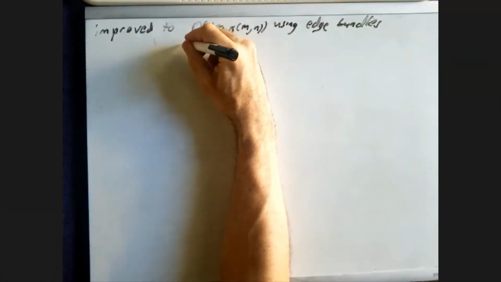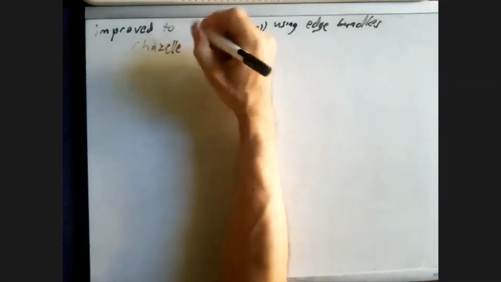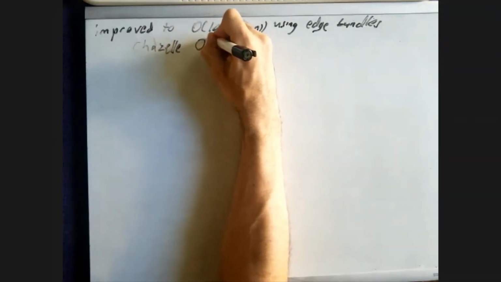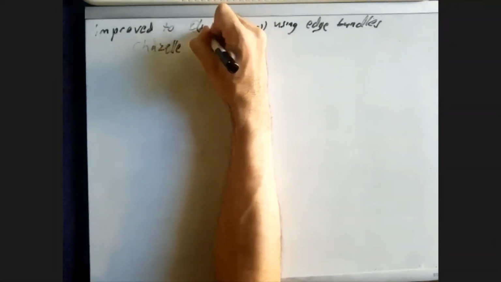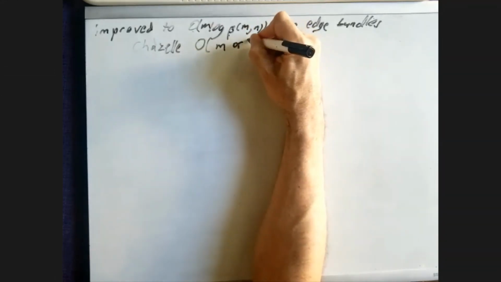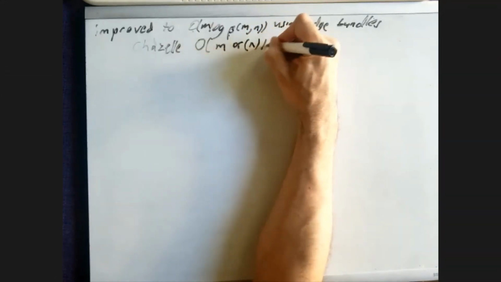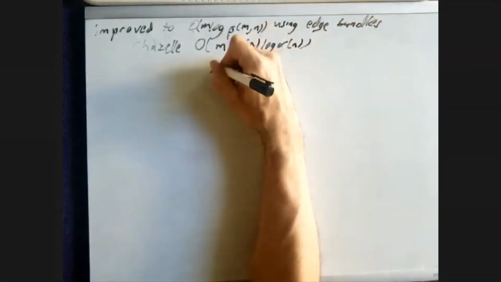In later work, a guy named Bernard Chazelle, who's a professor at Princeton, improved the running time to m alpha of n log alpha of n, where this is the inverse Ackermann function.